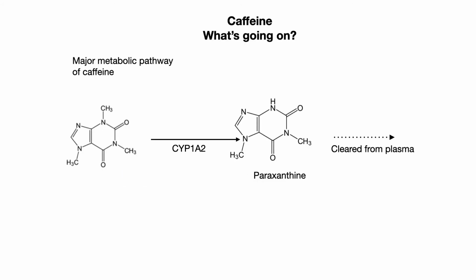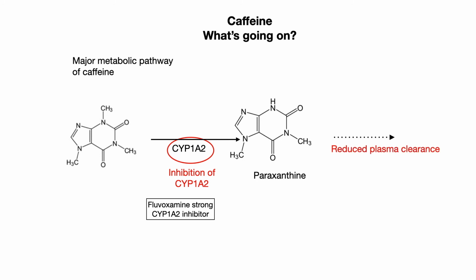The major metabolic pathway for caffeine is CYP1A2, which leads to an N-demethylated metabolite, and that metabolite then undergoes other metabolism but is ultimately cleared from plasma. And the CYP1A2 is being inhibited by fluvoxamine, which is a strong CYP1A2 inhibitor, and so that results in reduced plasma clearance.